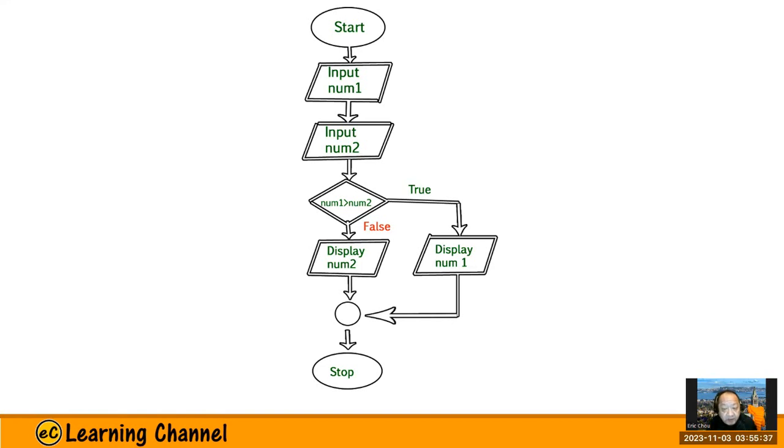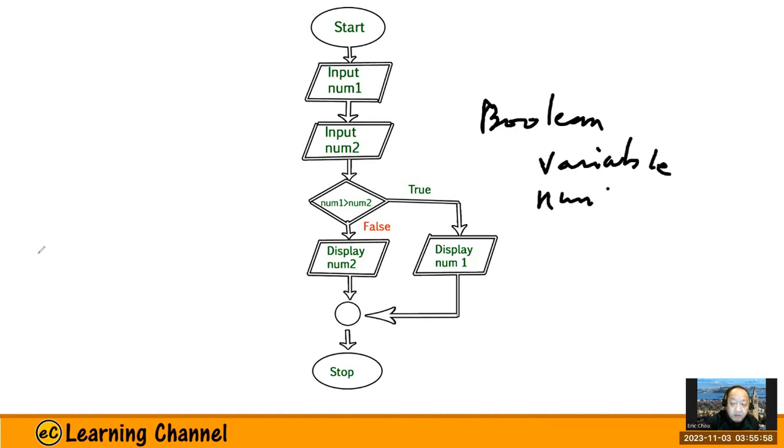So here we have true and false involved. These are Boolean values. Number one greater than number two is a logic, and sometimes we call it a Boolean expression.